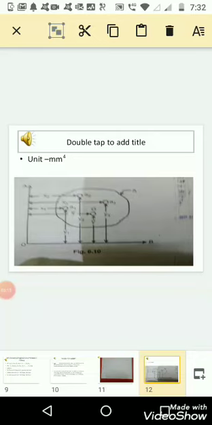Now this diagram is again very familiar to you. We have studied the same diagram in applied mechanics. Now the same diagram is repeated over here.